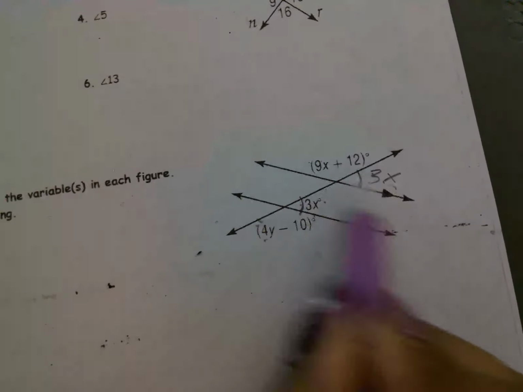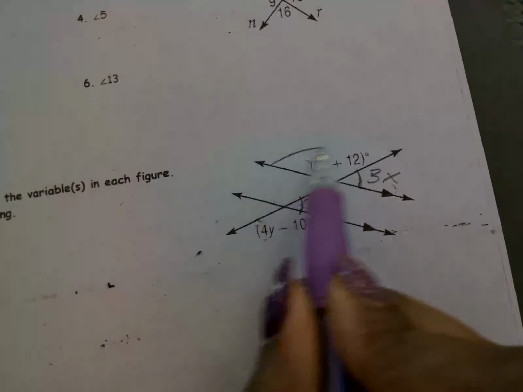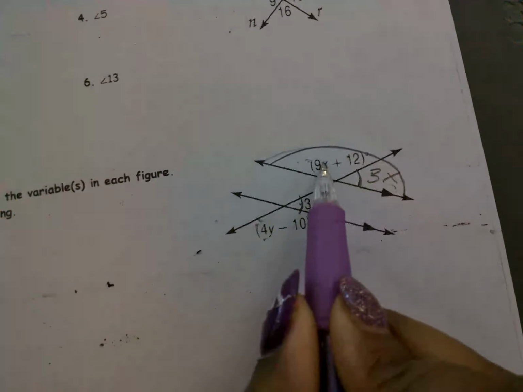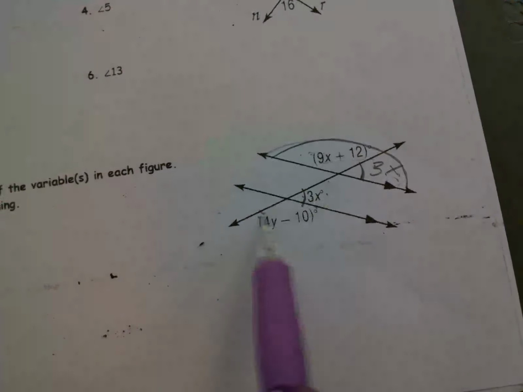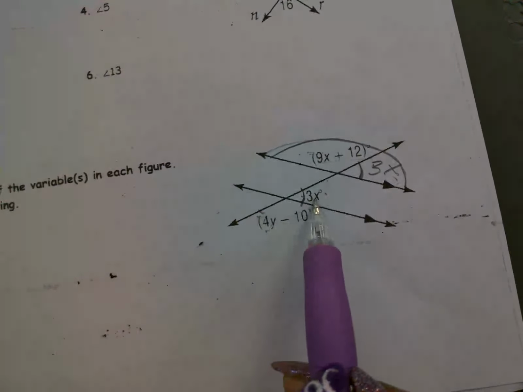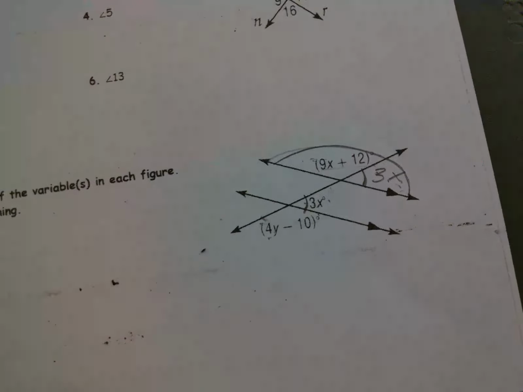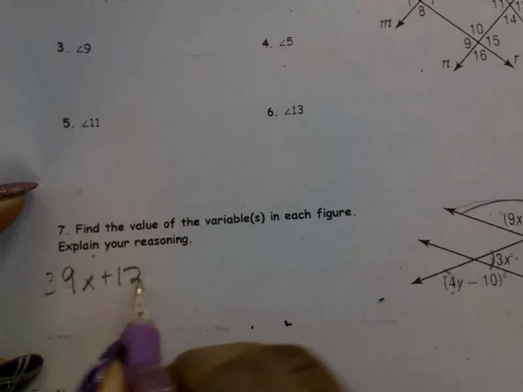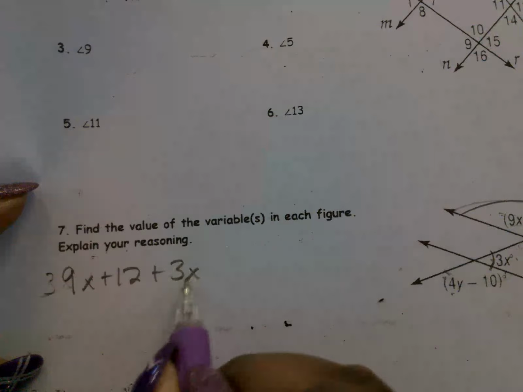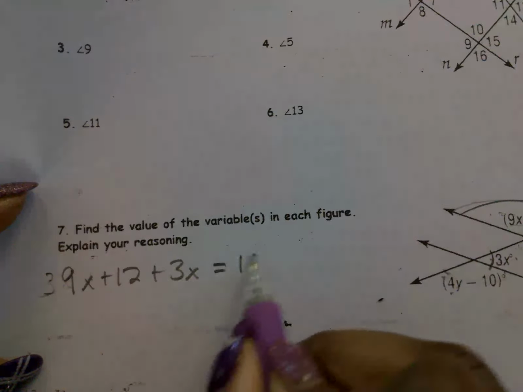Now what we know is these two combined add up to 180. So I can add this plus this and set it equal to 180. I couldn't do these two because this is a y and this is an x. You can't solve for two variables at the same time. So we are going to add those two. That's 9x plus 12 plus the 3x is equal to 180.